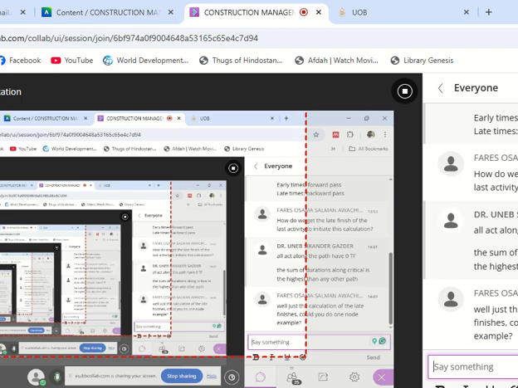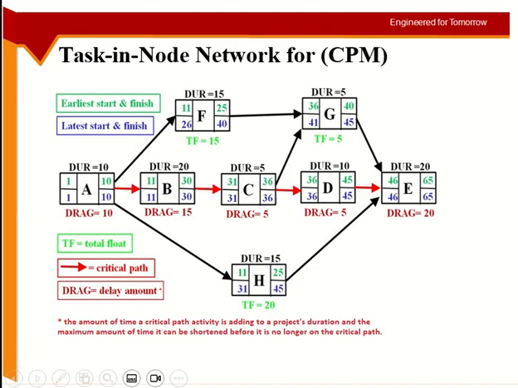For late times, let me go here. Late times will start from here. The last activity has the late time 65, so I put 65 here, no calculation. 65 minus duration, I get 46. I put 46 here.